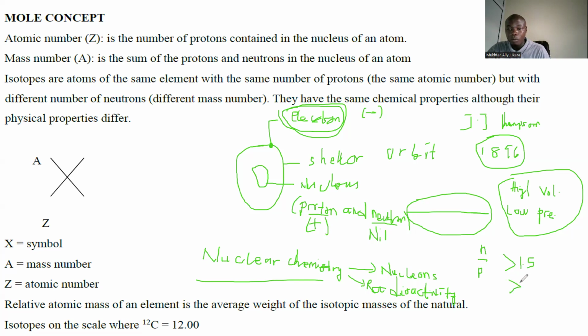If it is greater than 1.5 or less than 1, it means that the element has an unstable nucleus. Since the element has an unstable nucleus, it will undergo spontaneous disintegration, meaning that the element is a radioactive element.